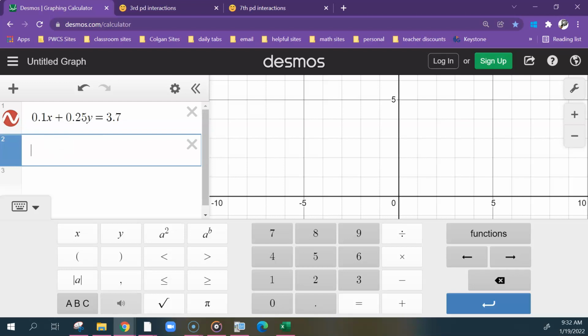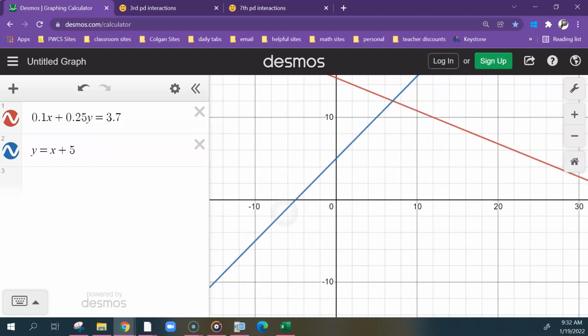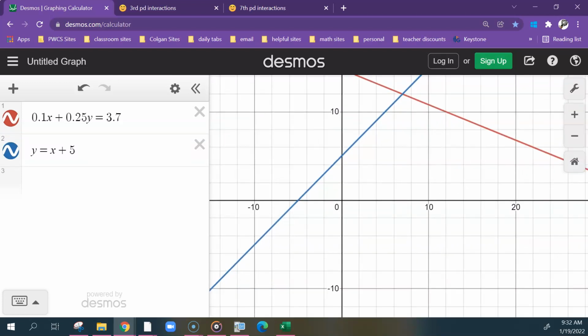And then the other one, y equals x plus 5. And you may need to zoom out to figure out where they intersect. Once you see where they intersect, you can click on that intersection point, 7, 12.